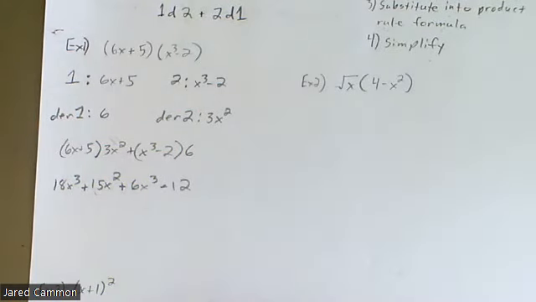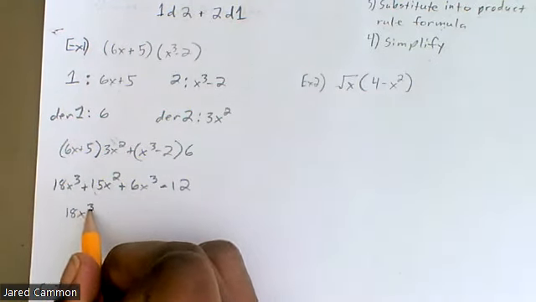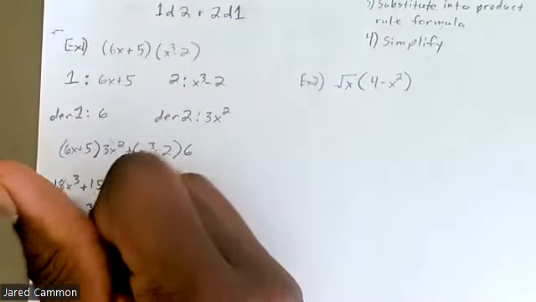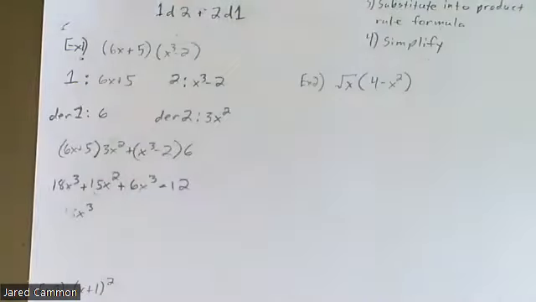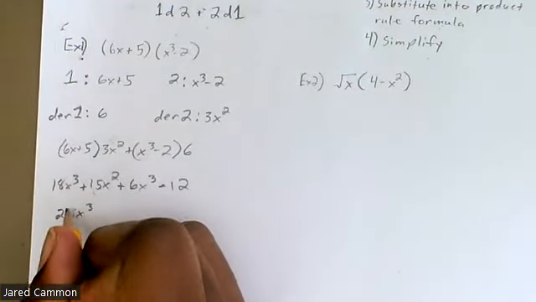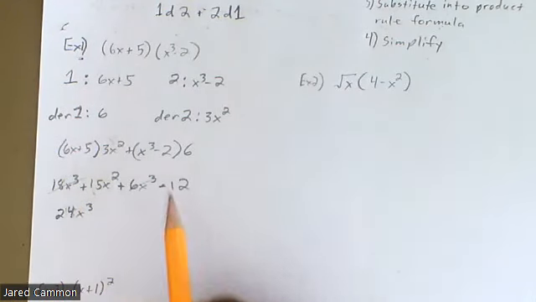Okay, so we're going to combine like terms, and then that gives us 18x cubed. Oops, got to add the 6. So that gives us 24x cubed. So that takes out the 18 and the 6.